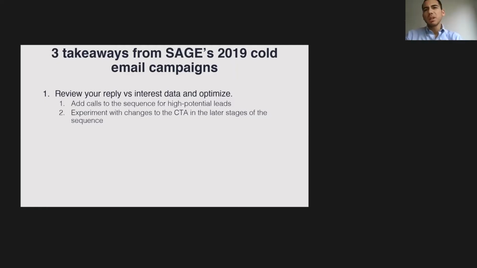Typically, if you're using software to deliver emails, a lot of software these days is smarter than ever. It recognizes things like out of office replies and filters bounces out of your sending statistics.